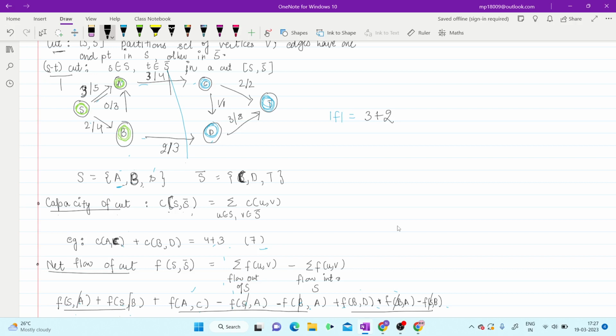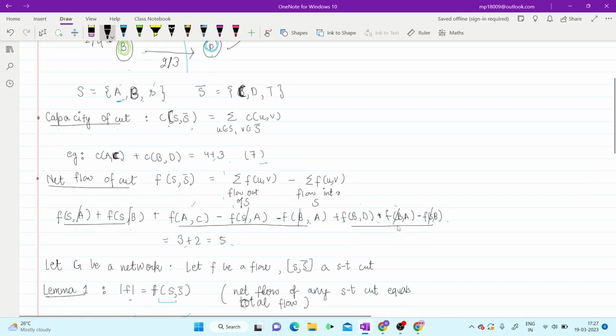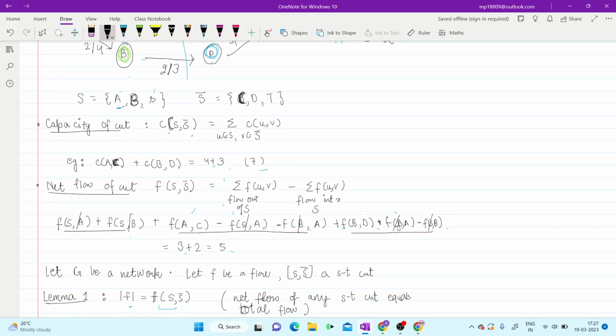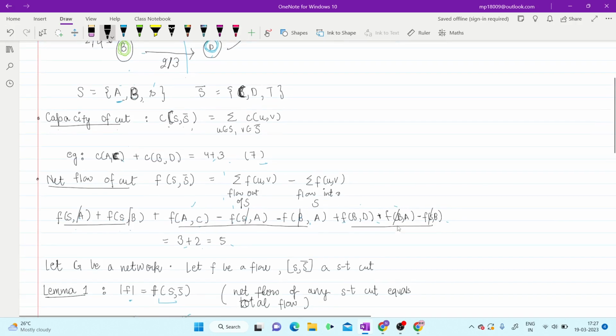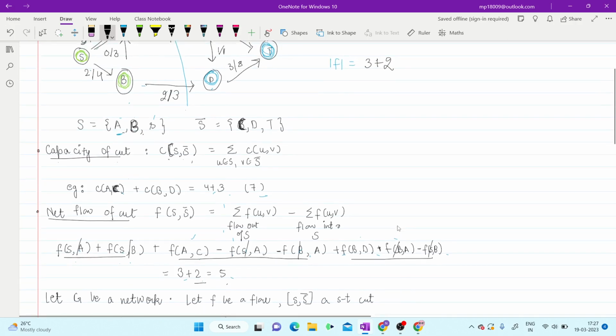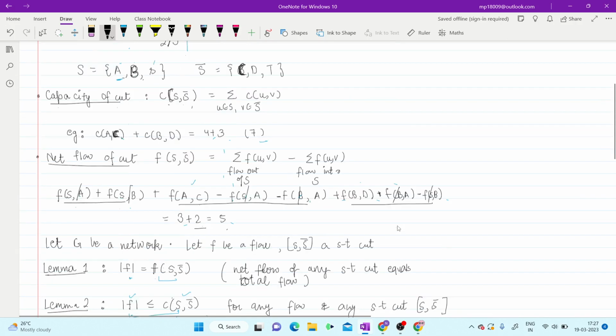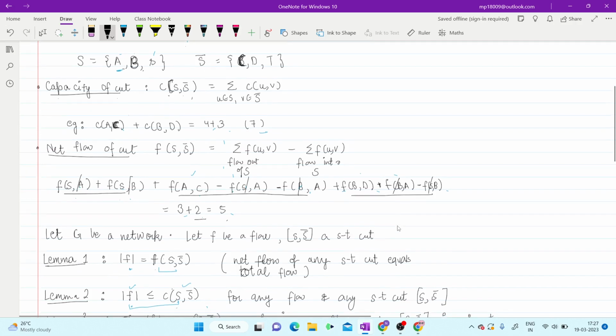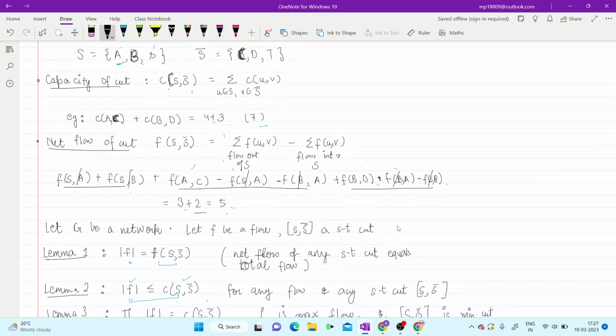And we see that the first lemma is satisfied, which is that the flow value should equal the net flow of the cut. The net flow of the cut is also 5, and the flow value is also 5. So the first lemma is satisfied for this example, but the lemma claims that this is true for any cut and any flow.